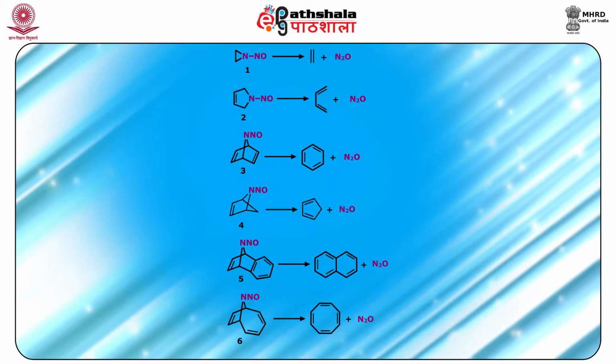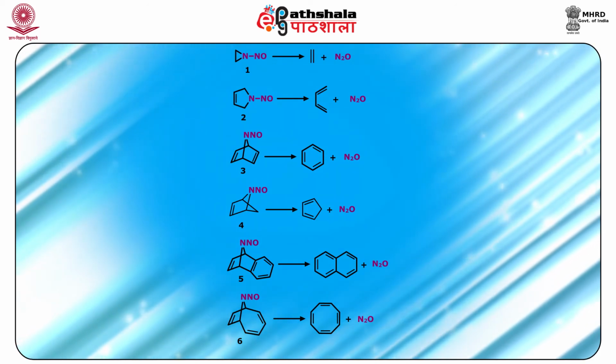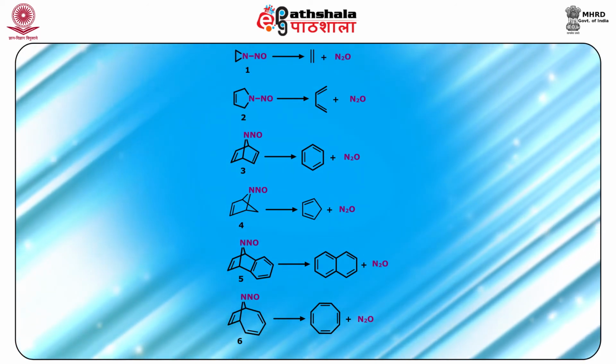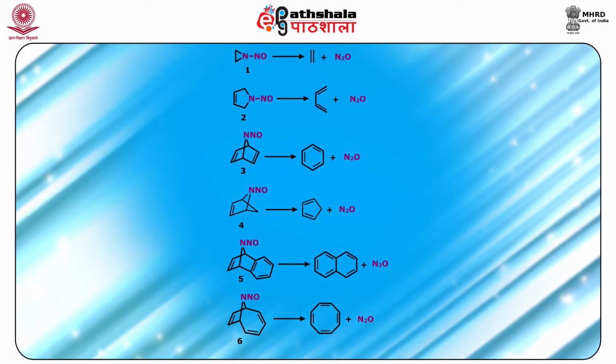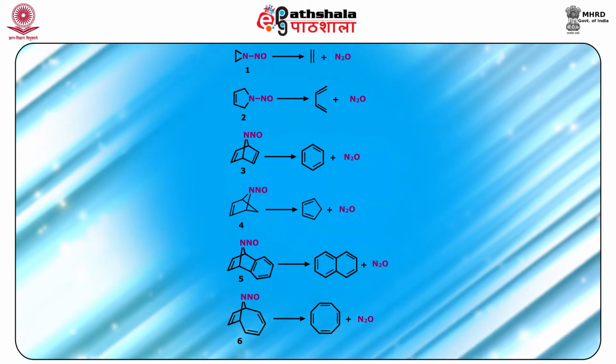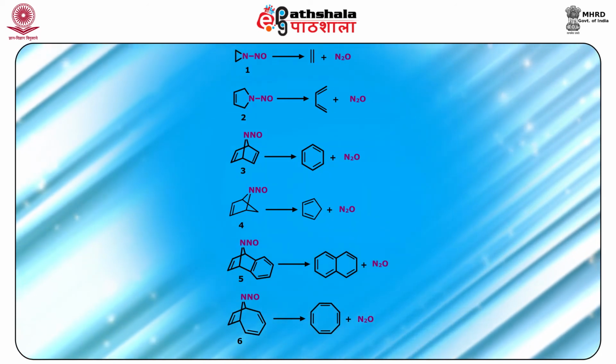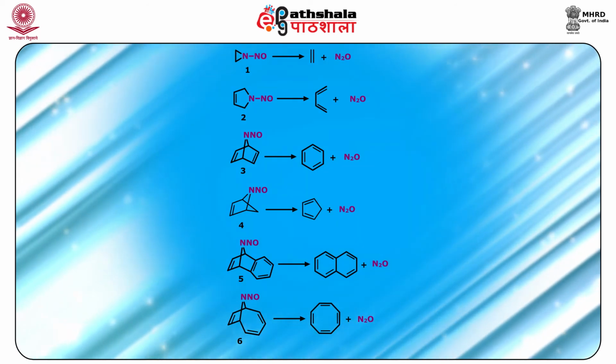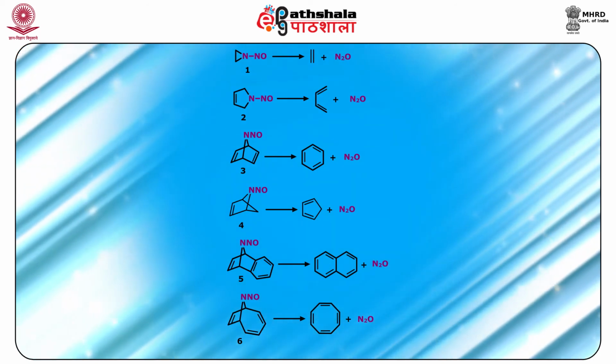Further, it was also shown that the cheletropic fragmentation proceeds via a highly asynchronous transition state with a more or less planar ring nitrogen atom, with the exception of the aziridine system.